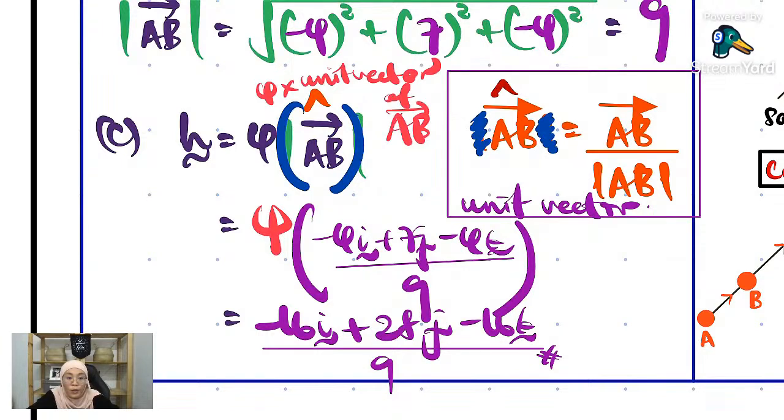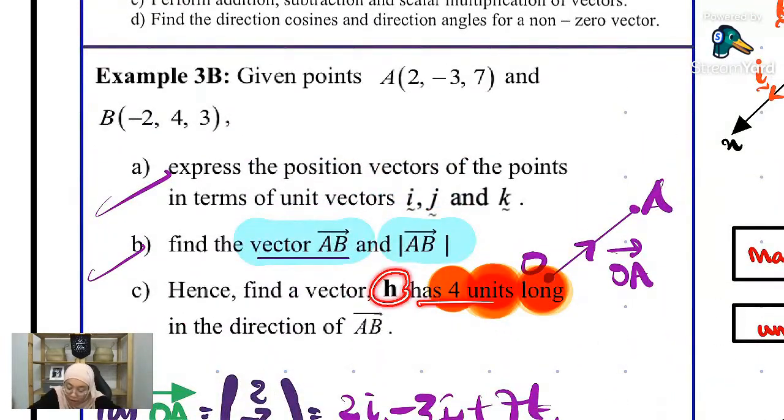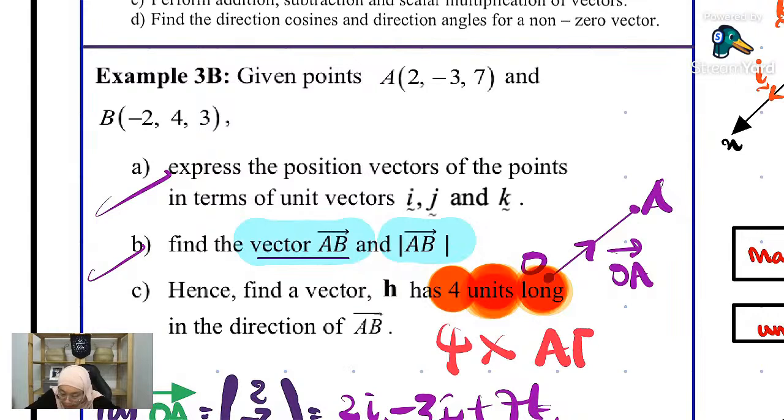Okay, this question is quite famous in the PSPM exam. H vector is a new vector, so write down here: new vector. When they say this new vector has 4 units long in the direction of AB, it means it wants you to use this 4 units times whatever vector is given to you, but it must be multiplied with its unit vector.